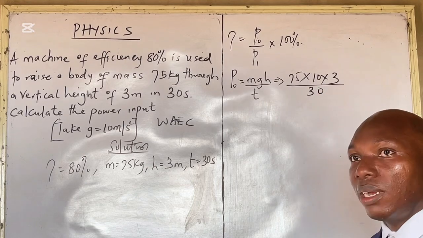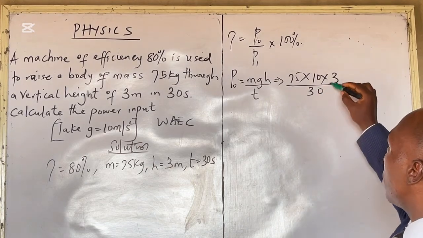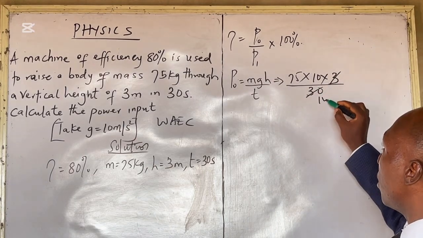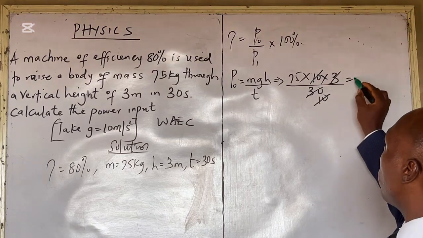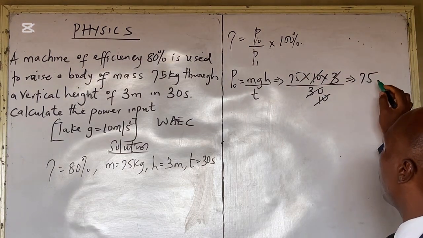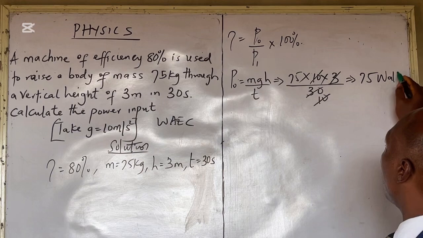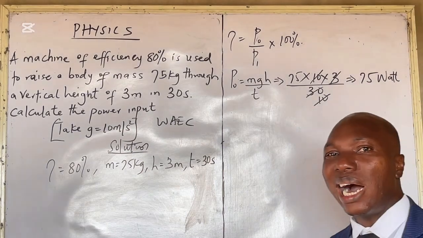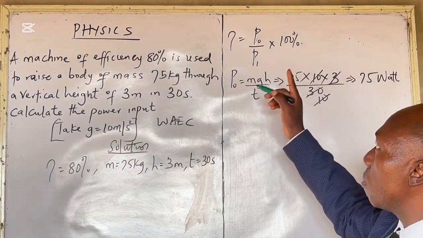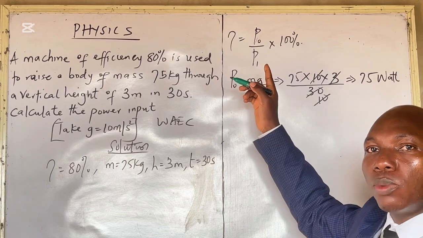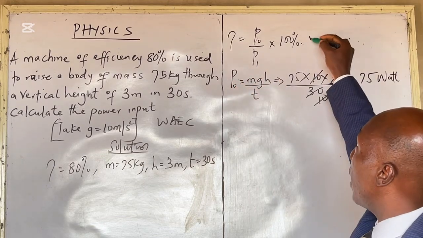So if we do this very well, 10 cancels 10, and we are left with 75 watts. That's the power output.